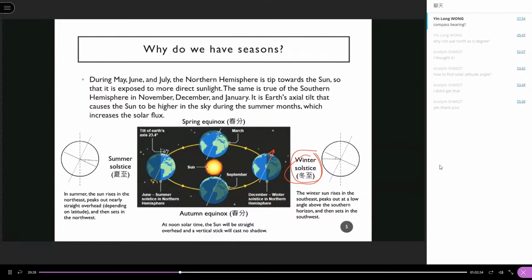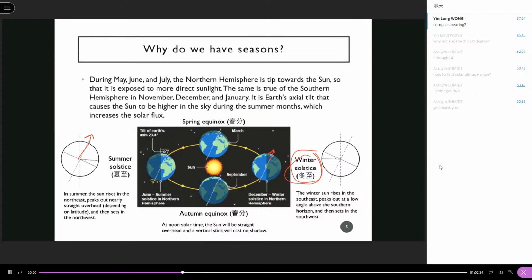And on the day where the North Pole is most tilted towards the sun, we call it the summer solstice. The summer solstice will be around 21st of June, and the winter solstice will be around 21st of December.